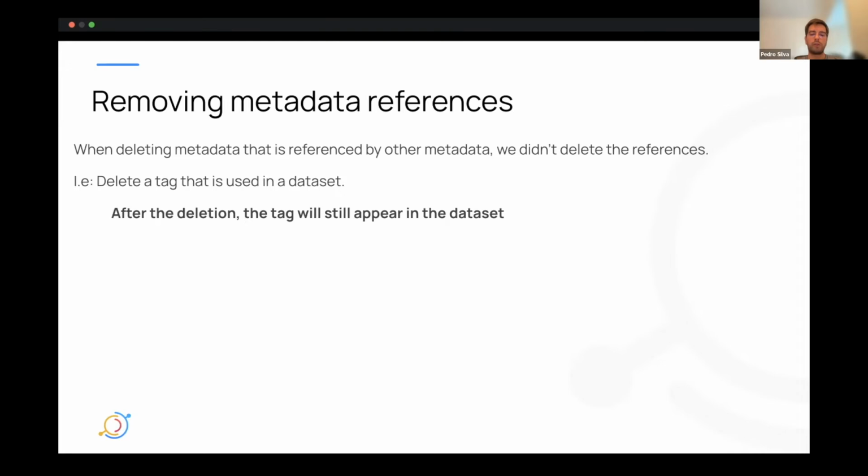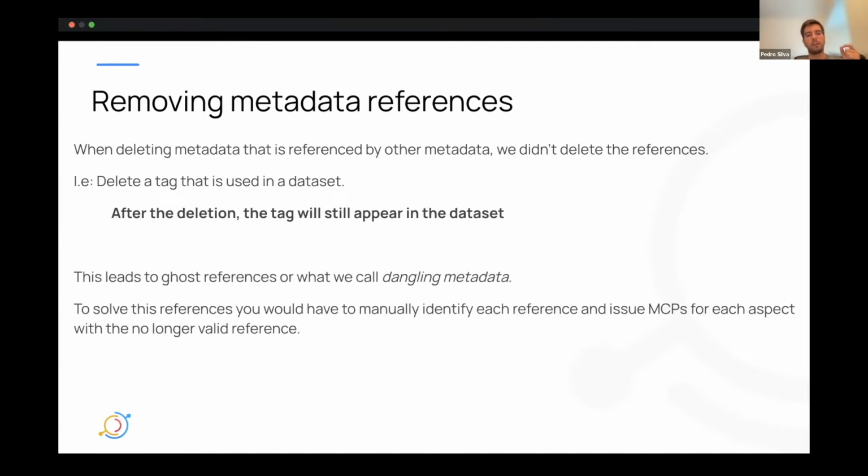by default, when you were using the DataHub CLI to delete that tag, we didn't delete these references. So we had what I would call ghost references in the UI. The tag would still appear in your data sets in the UI. This is what we call dangling metadata.